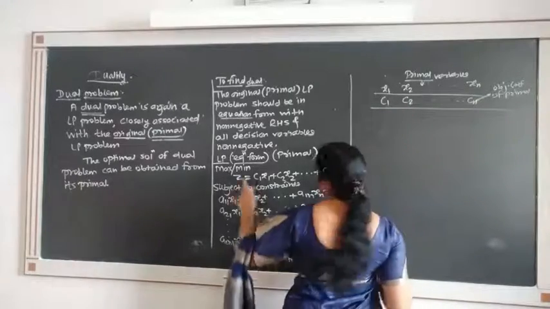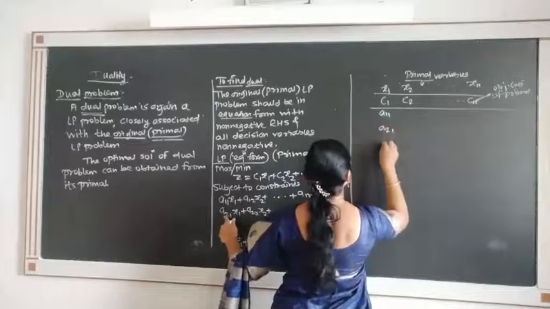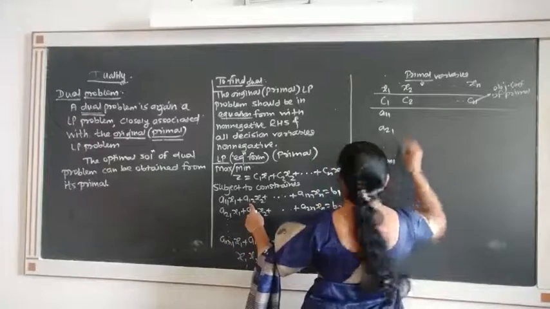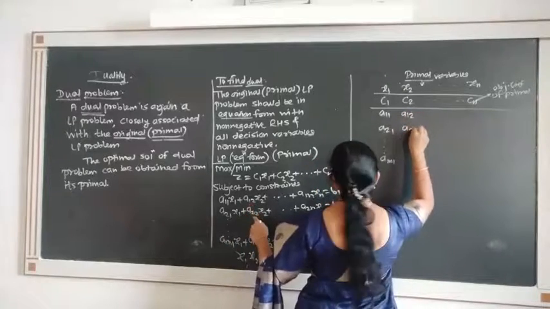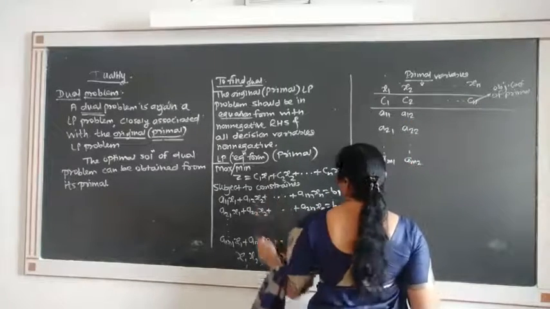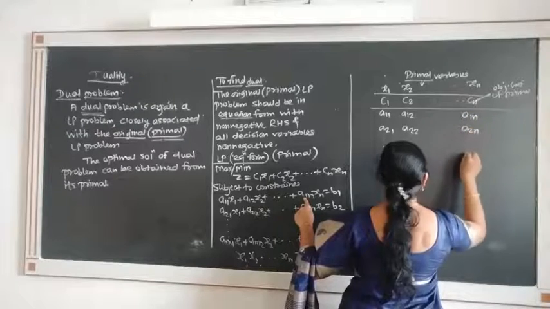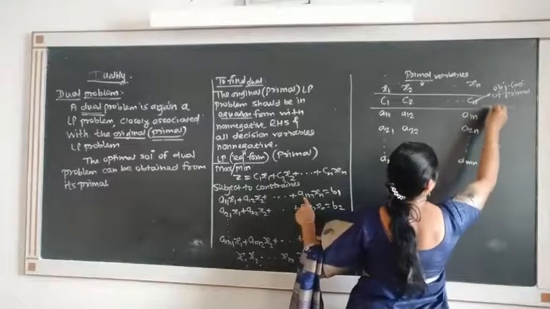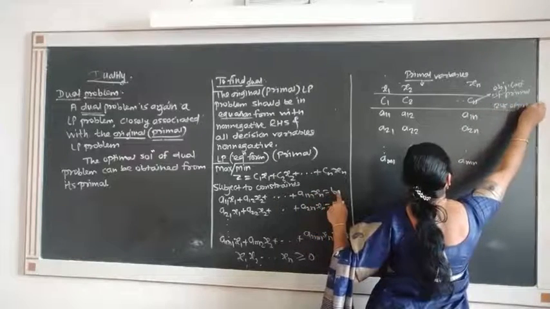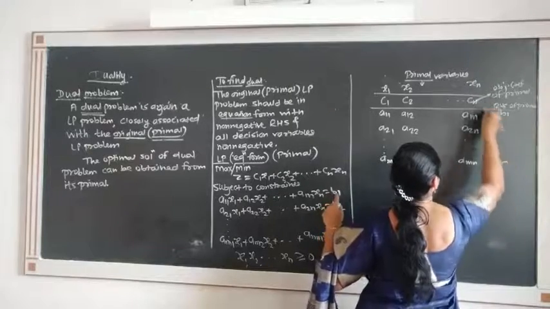Now consider the column coefficients a11, a21, am1. These are the column coefficients of x1. a12, a22, etc., am2 are the column coefficients of x2, and similarly a1n, a2n, etc., amn. And what is the RHS of the primal? The RHS of the primal is b1, b2, etc., bm.